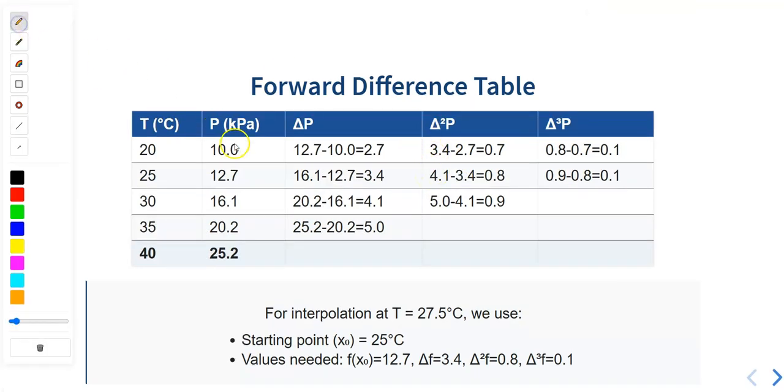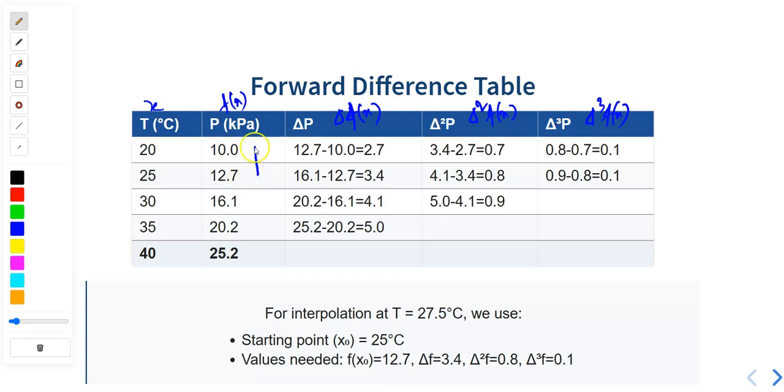So these are my x data and these are my f of x data. Then we have to calculate del f of x, del square f of x and del cube f of x. First, how do we calculate del f of x? We subtract from here to here.